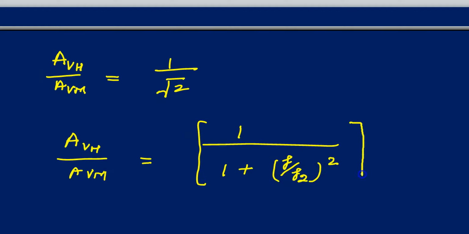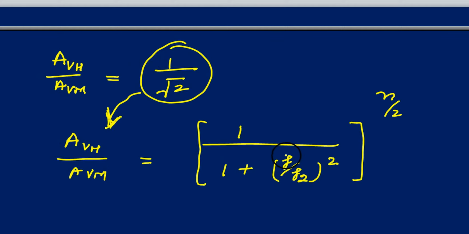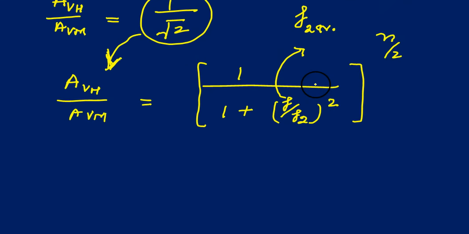Now what we are doing is substituting this condition here, changing F2 to F2 average, changing F as F2 average.